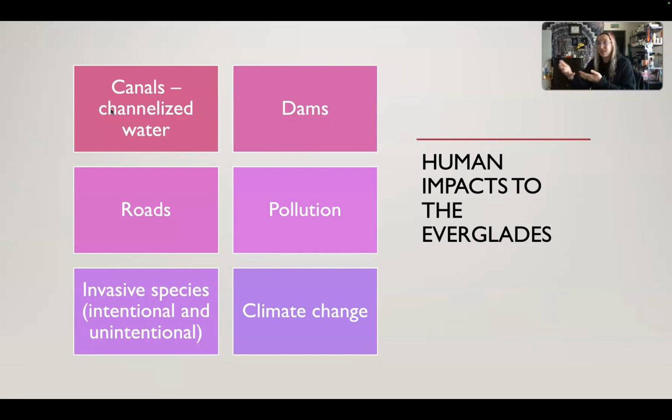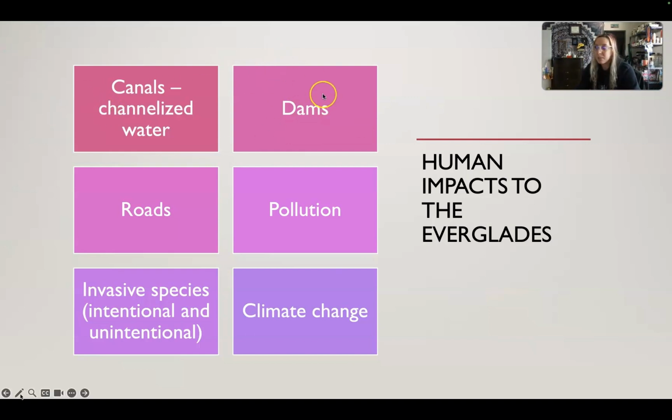And the organisms that have adapted to various ecosystems likely did not do well. So say, for example, if there are some animals that live better in slow-moving water, then if they are now in fast-moving water, it's kind of a bad thing for them. They're not used to it.